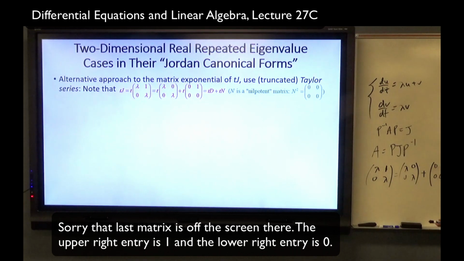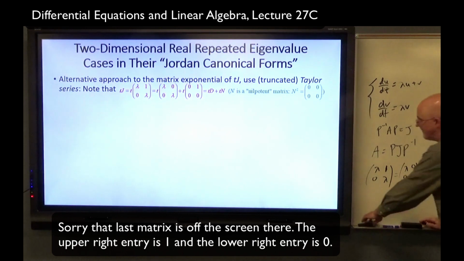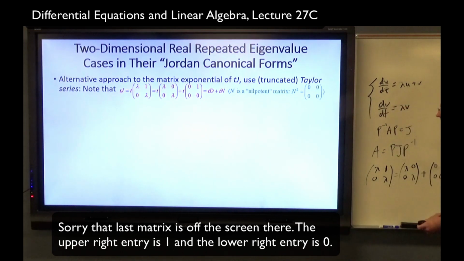And that's actually a very good thing, because exponentiating that thing is easy. Finding the matrix exponential of t times this in particular is actually pretty easy too. We're about to see why.